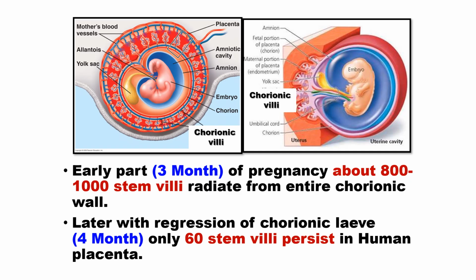In the early part, that is around the third month of pregnancy, we have about 800 to 1000 stem villi radiating from the entire chorionic wall. Later, with the regression of the chorion laeve, which starts from the fourth month of intrauterine life, only 60 stem villi persist in the human placenta.